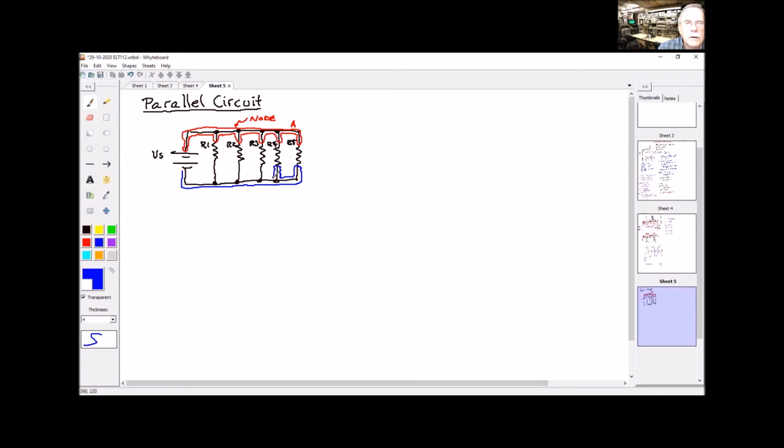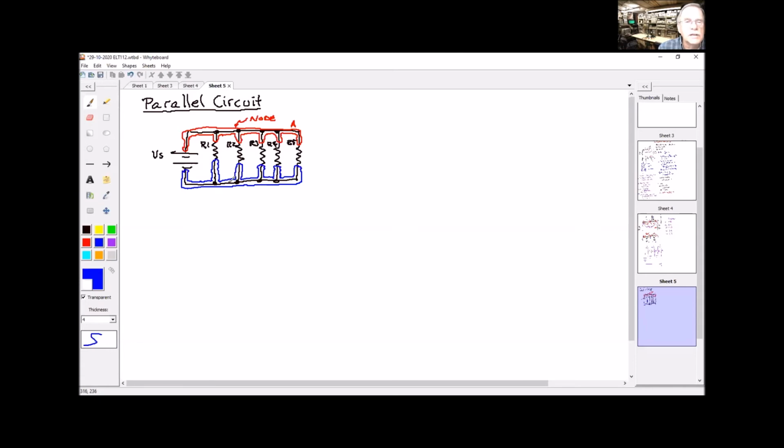I go down. I don't want to jump over this wire, so I turn and follow alongside. Go up. I'm at a component. I jump over and double back. Alongside, I turn. Jump over and double back. Alongside. Get to here, I turn. Jump over. Double back. Alongside. Turn alongside. Now I'm at a component. I jump over. I'm back where I started from.